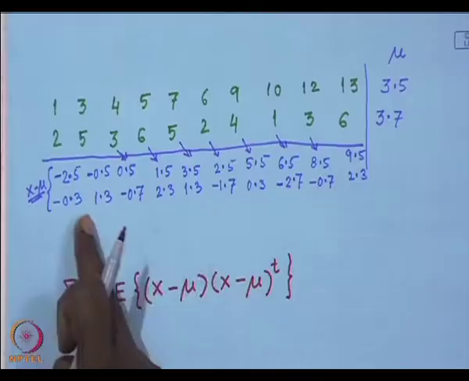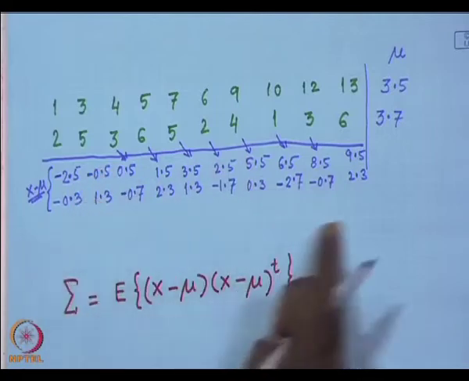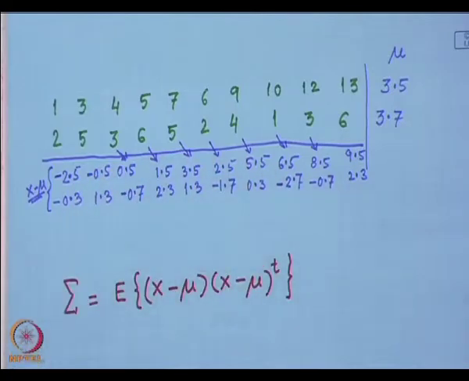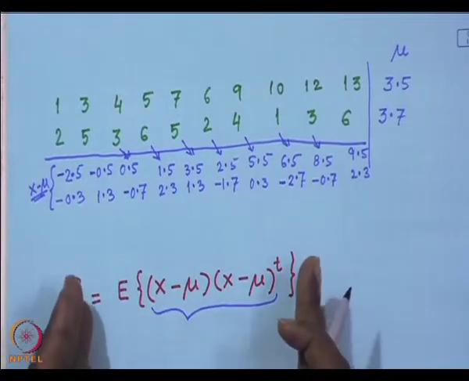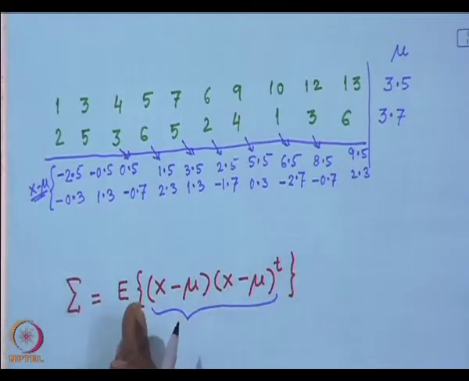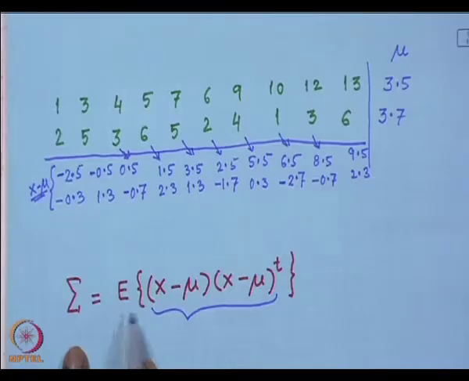And then for each of these vectors, after subtraction of the mean vector, I have to compute x minus mu into x minus mu transpose. And then I have to take the average of all those matrices which I get, that gives me the expectation value of x minus mu into x minus mu transpose, which is nothing but my covariance matrix.